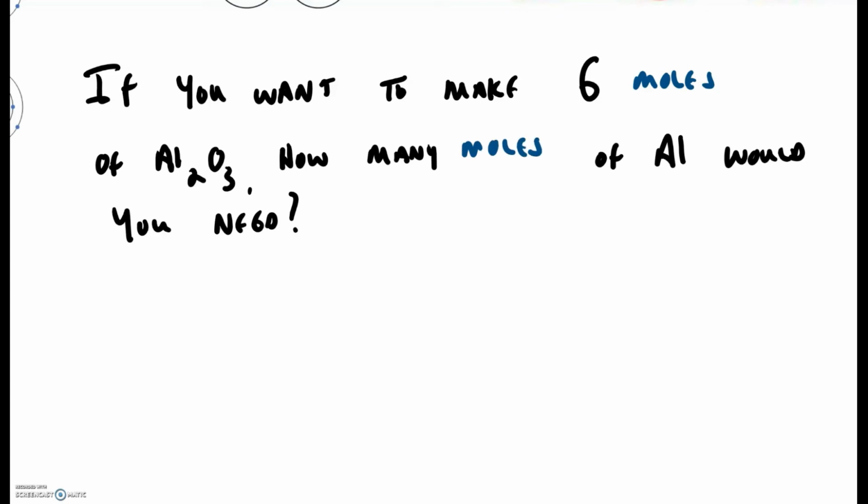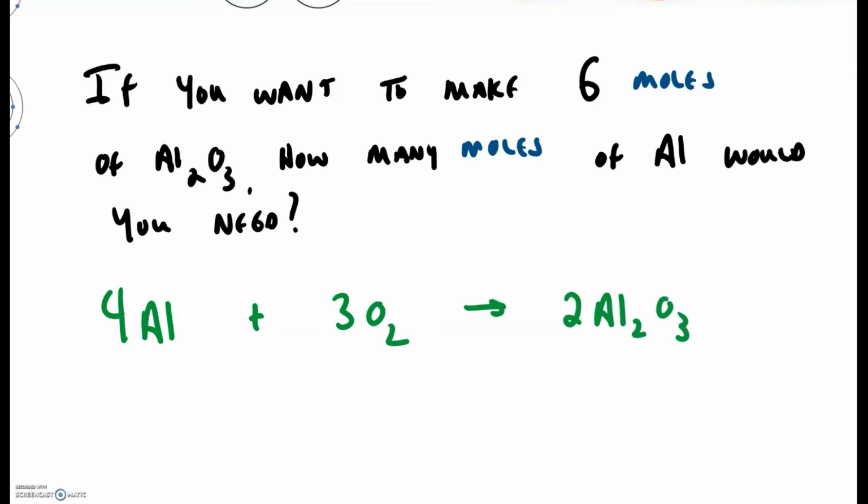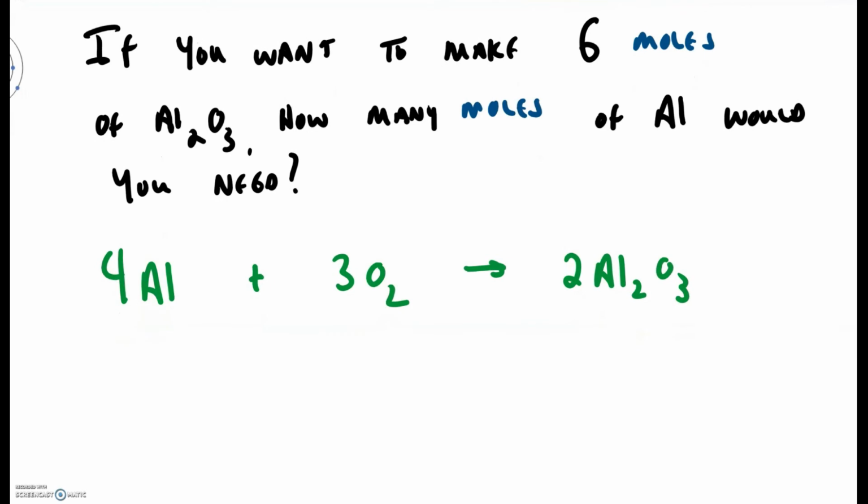And we know our balanced equation already tells us the ratio of moles. It says that if you react 4 moles of aluminum with 3 moles of oxygen gas, you get 2 moles of aluminum oxide.